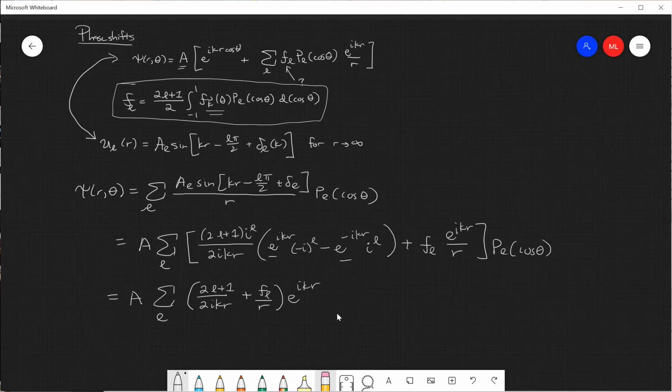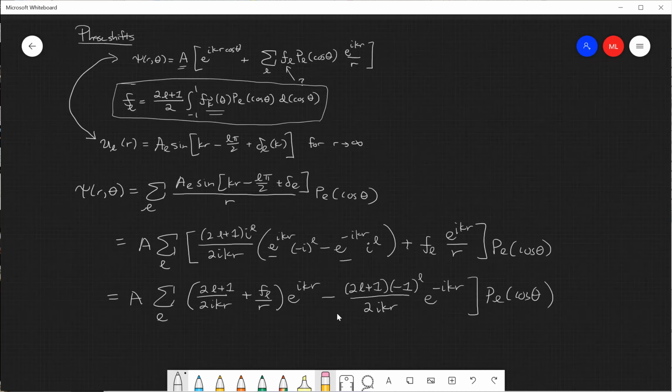And then you have another piece, which is minus (2L plus 1), and there's a minus 1 raised to the Lth power that comes from the i squared, over 2iKr. And this is e to the minus iKr. And this is all multiplied by P_L of cosine theta.